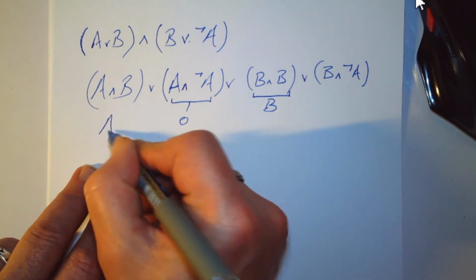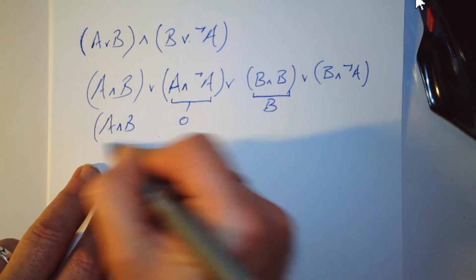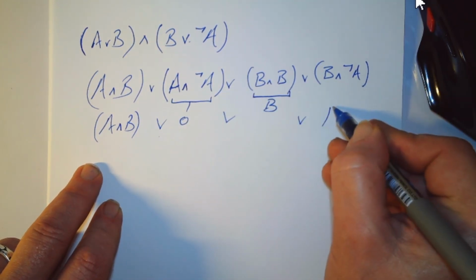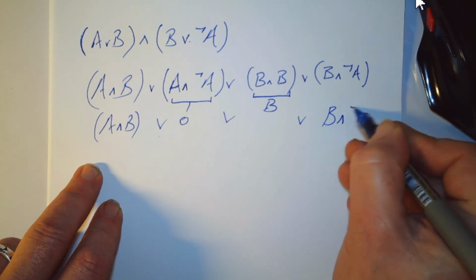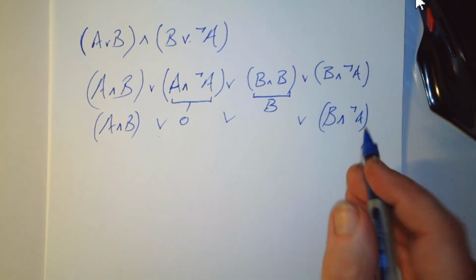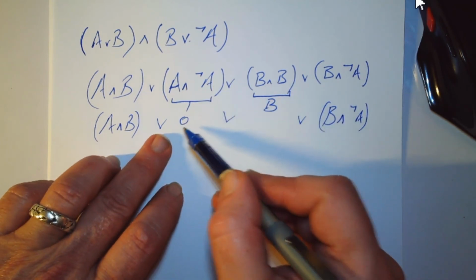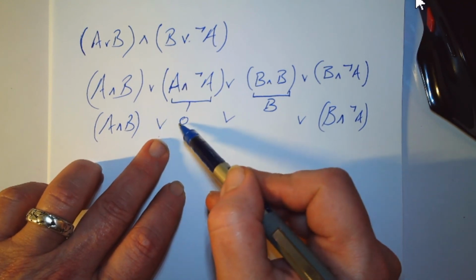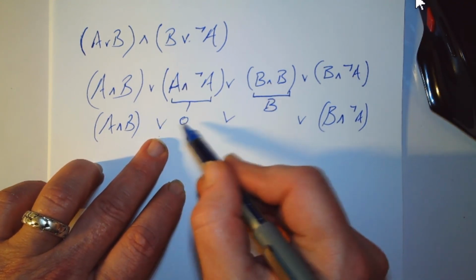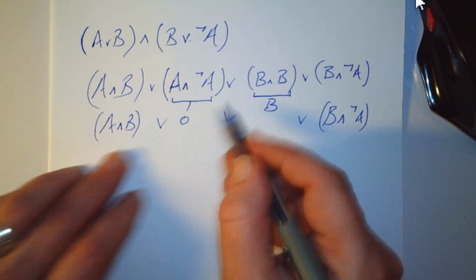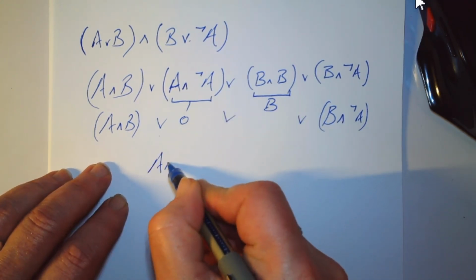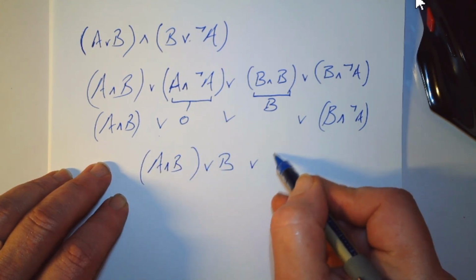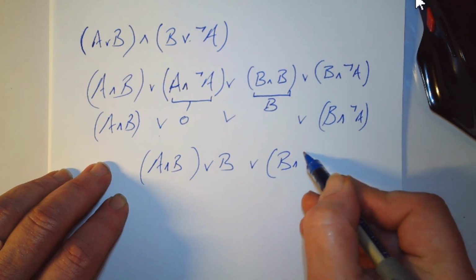So then we're going to have a and b, ORed with 0, ORed with b, ORed with b and not a. Nothing we can do with these at the moment. However, when we have 0 ORed with anything, the 0 is irrelevant, it doesn't do anything, so you can eliminate the 0 there. So I'm going to have a and b, ORed with b, ORed with b and not a.